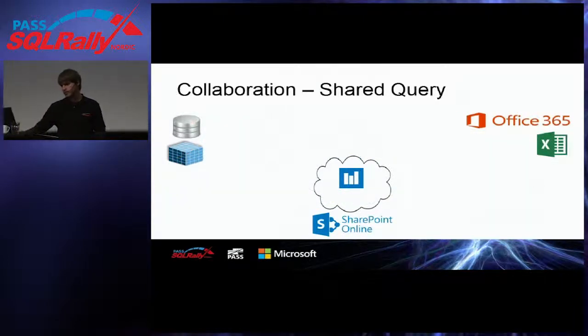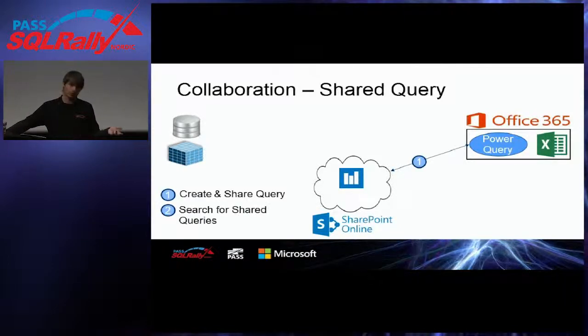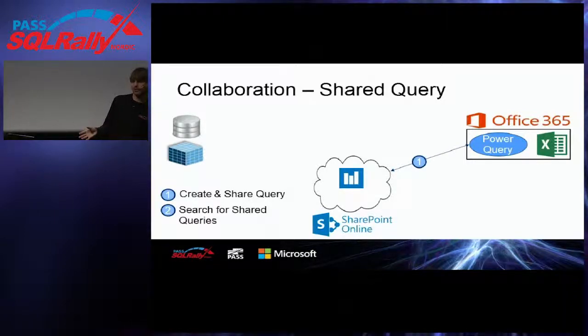And the other one is, as I've said before, using shared queries. So you basically create a Power Query in Excel on your client. You share the query with your colleagues within your organization. Then you, again, search for your data, because all the data that is available is accessed using Power Query.